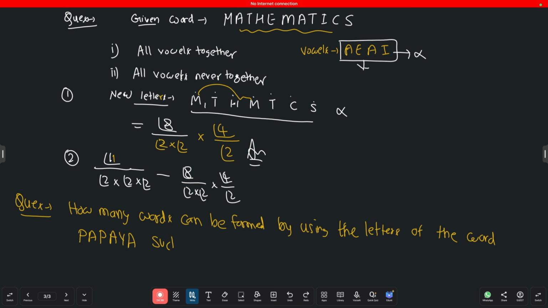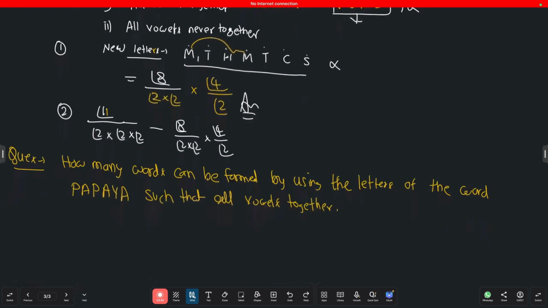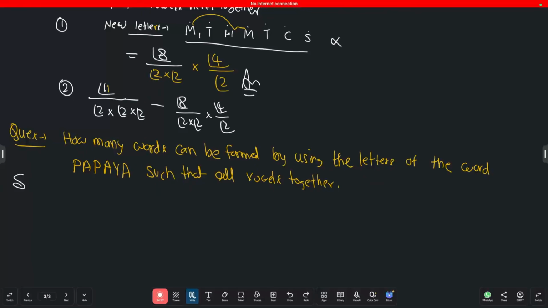Such that all vowels are together. Okay, you solve. Take a minute and solve this question. P-A-P-A-Y-A, papaya. I want all the vowels together.